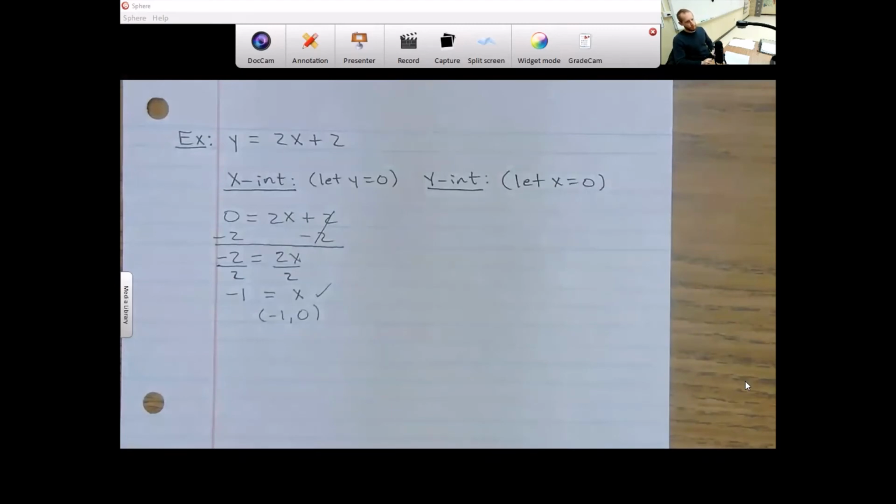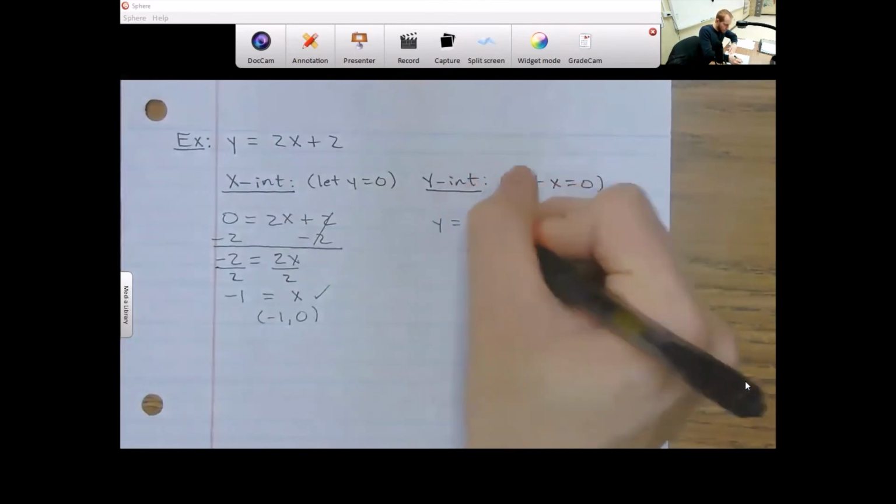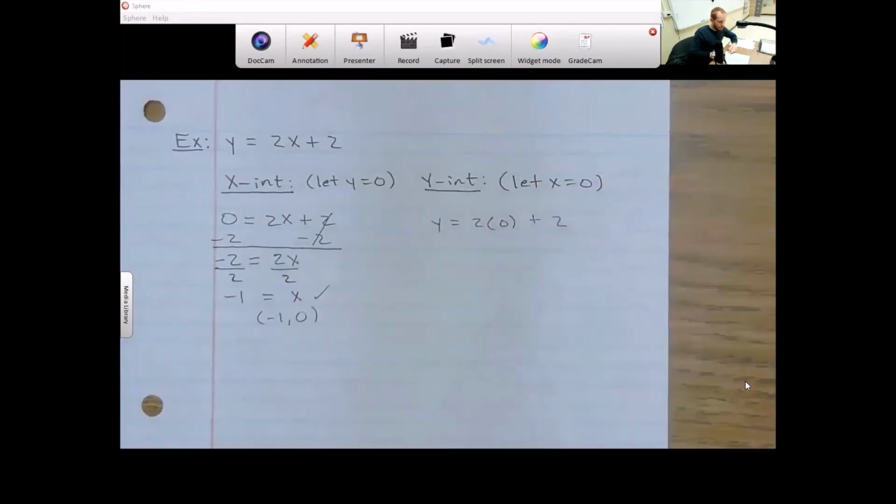So now let's work on the y-intercept and see how we get that. This time we're going to let x be 0 and just see what happens. So I'm going to get y equals 2 times 0 plus 2. All I did was replace x with 0. That's it. Okay? So 2 times 0 is just 0.